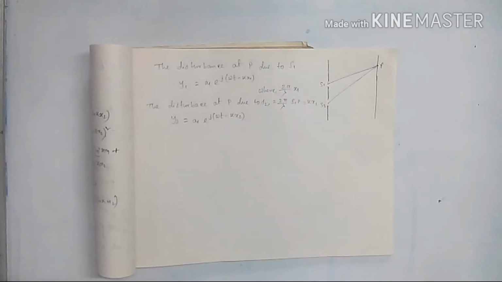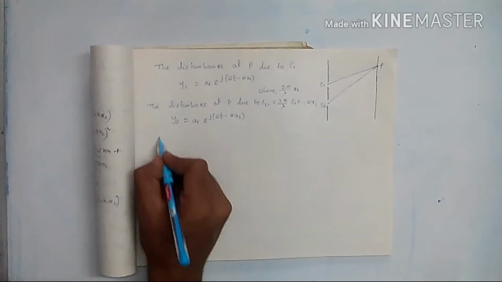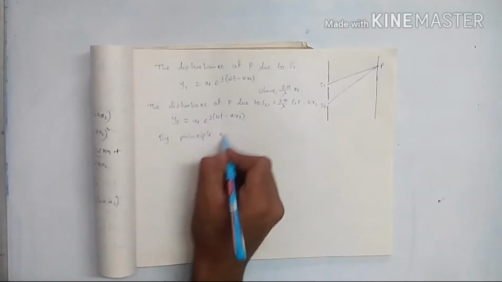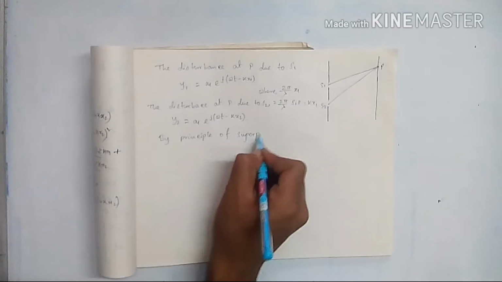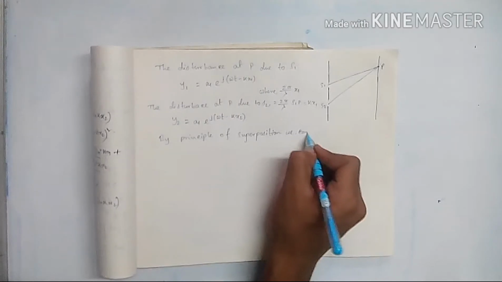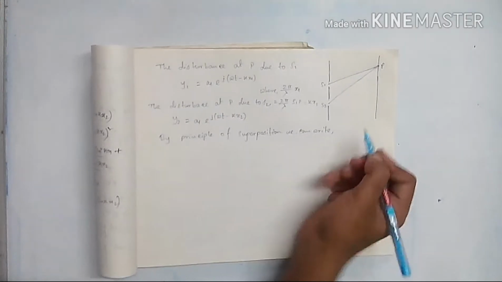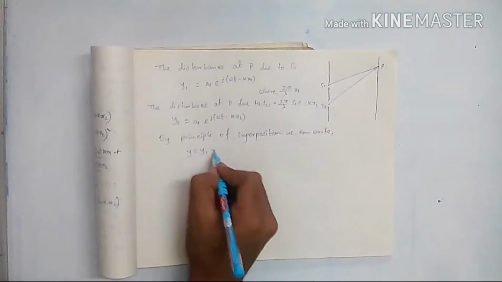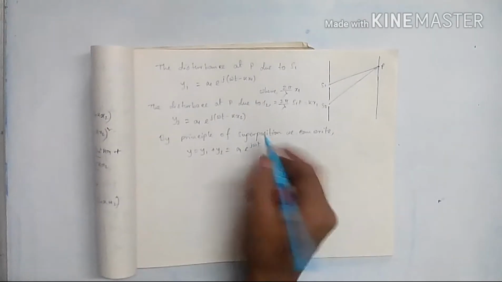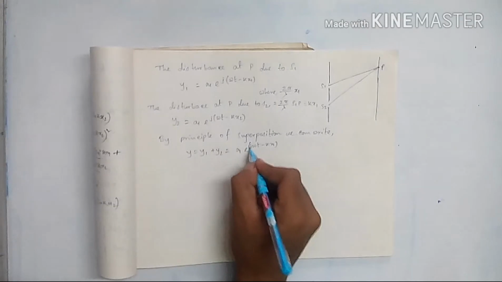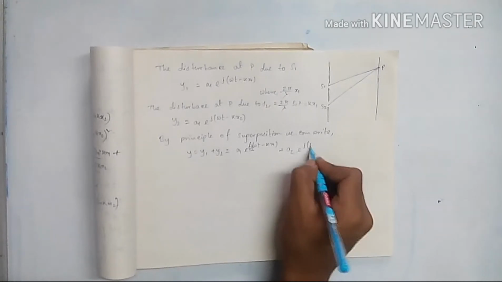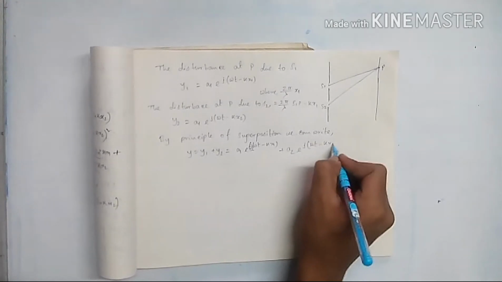Now by the principle of superposition we can write y equal to y1 plus y2, that is A1 e to the power j(omega t minus kx1) plus A2 e to the power j(omega t minus kx2).